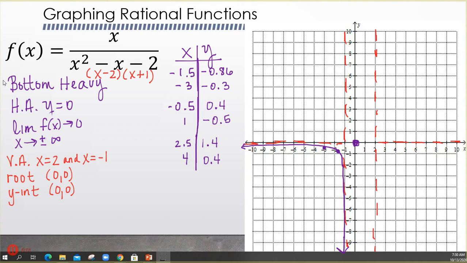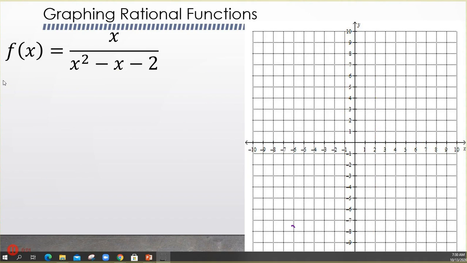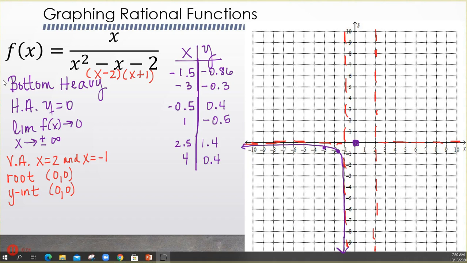In between, it starts off at 0.4, and then at the positive 1, it's here.